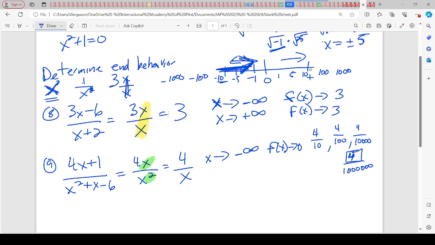And then as my numbers are getting bigger on the positive side, it's going to approach 0 from the positive side. So x approaches positive infinity, f of x approaches 0. So variable in the denominator, constant on top. The end behavior is it approaches 0 for negative and positive infinity.